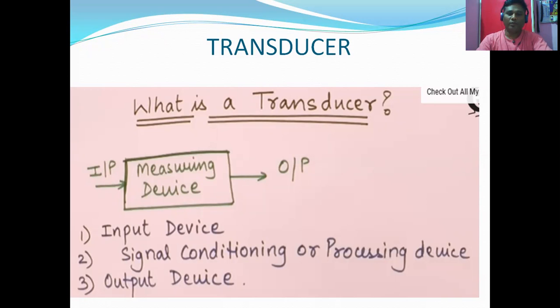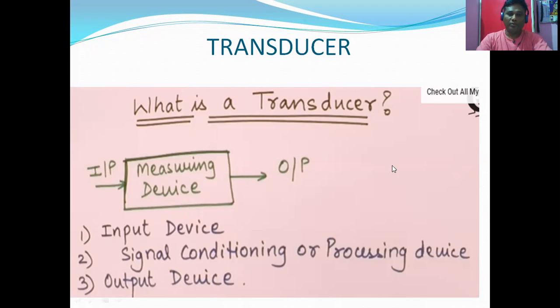So what is the main role of transistors? The transistor converts one energy form to another energy form. So one energy form, that is the non-electrical quantity, is converted to another energy form, that is the electrical quantity.